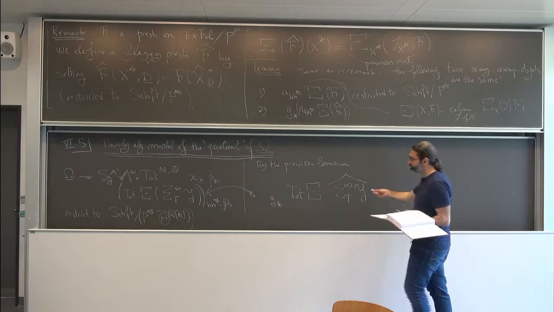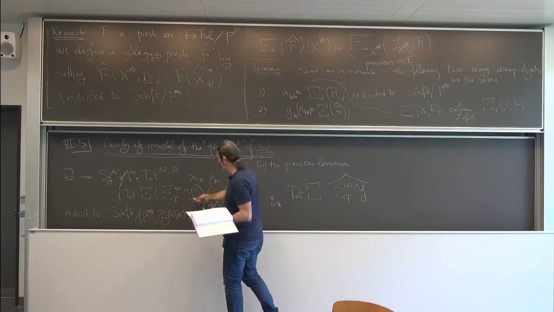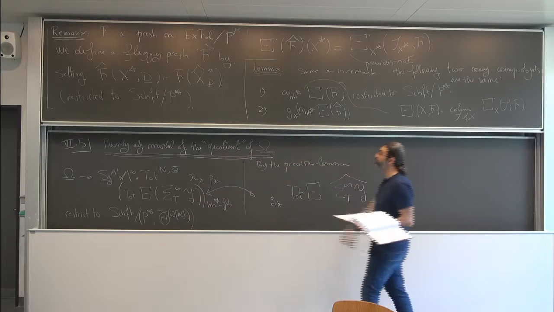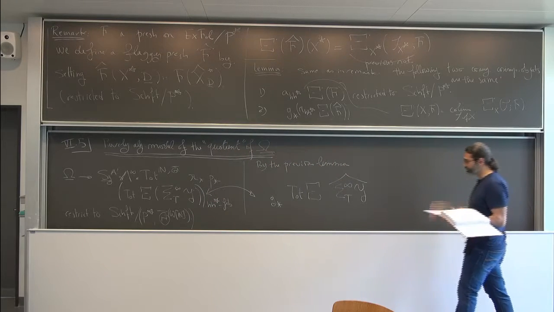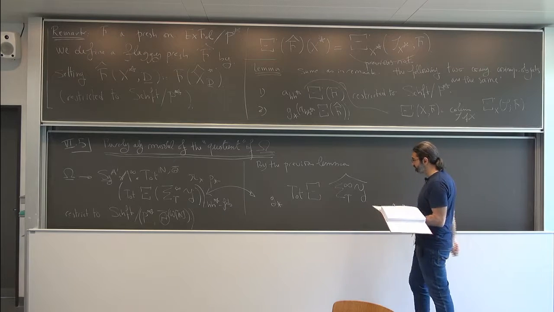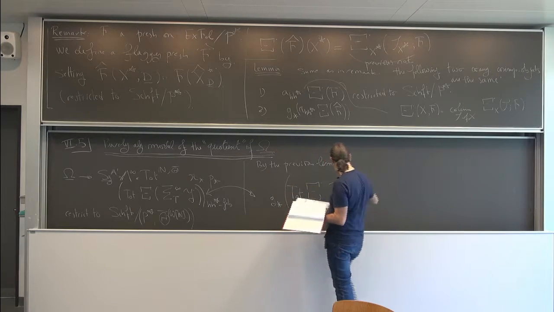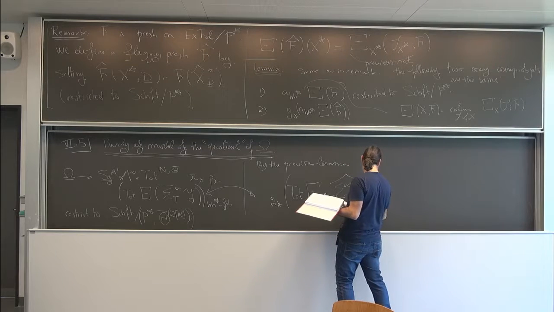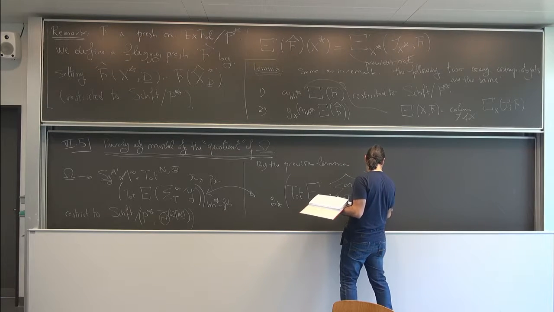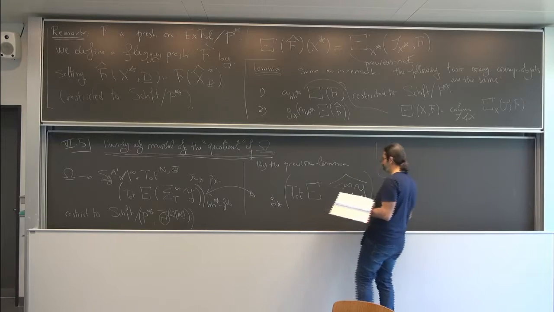So here I take level-wise the spectrum and I associate to it its hat, flaggy presheaf version, and then I apply the Godmont complex, and this has to be made fibrant again. Okay, so this is what we have now.